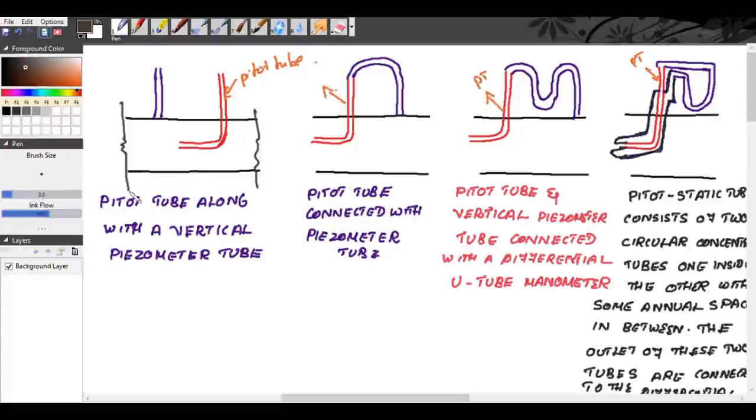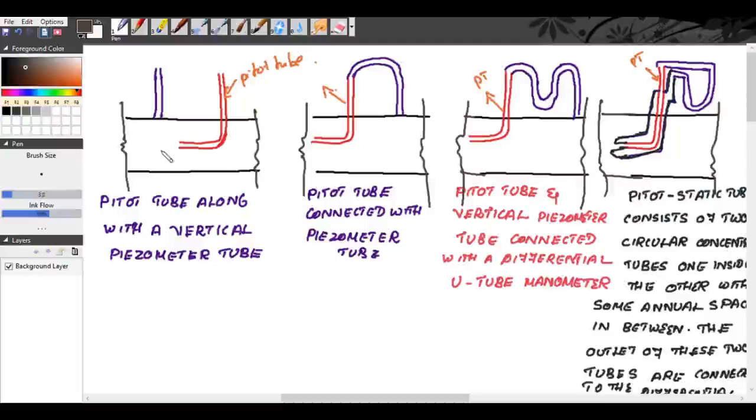This is a construction line, a continuous line. The flow of water is in this direction, for all the 4 pipes.